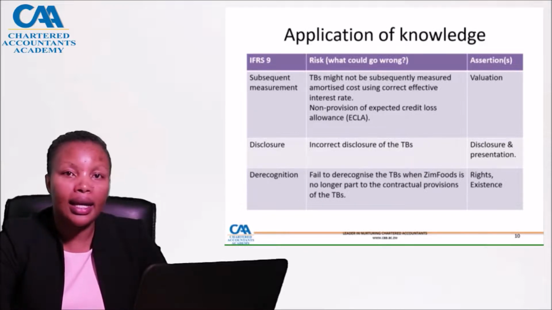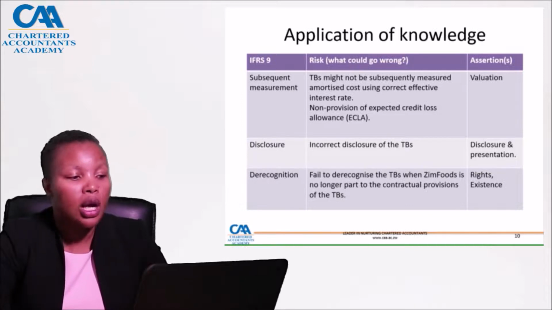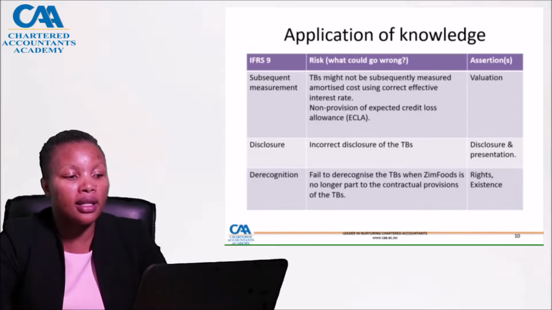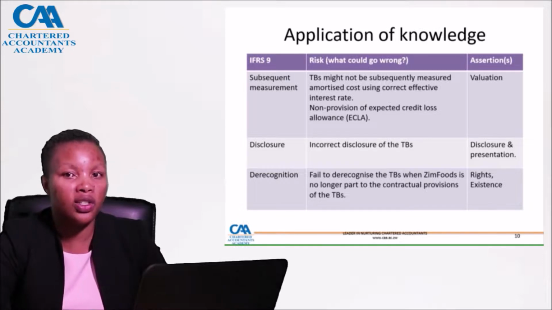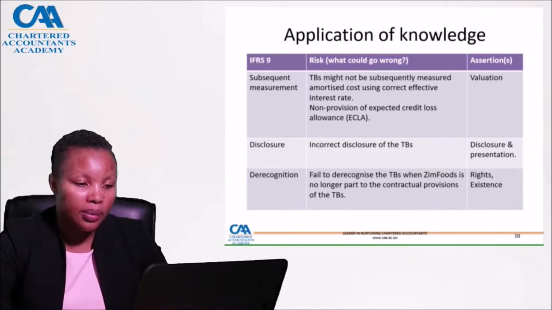Subsequent measurement. Again, you're asking yourself, what can possibly go wrong at subsequent measurement? So the treasury bills might not be subsequently measured at amortized cost using the correct effective interest rate. So that would affect your valuation assertion, and so you might want to carry out substantive procedures over that.